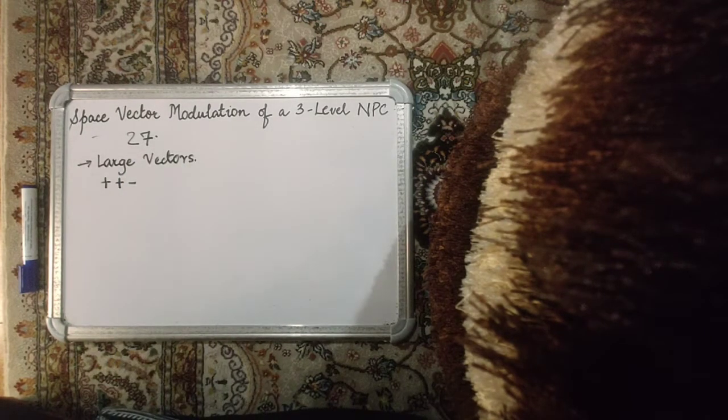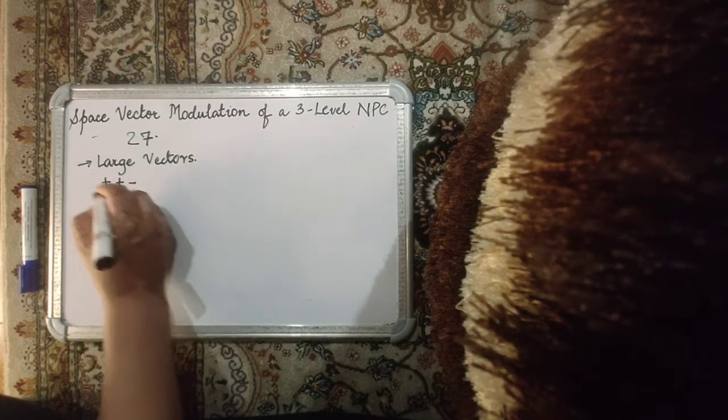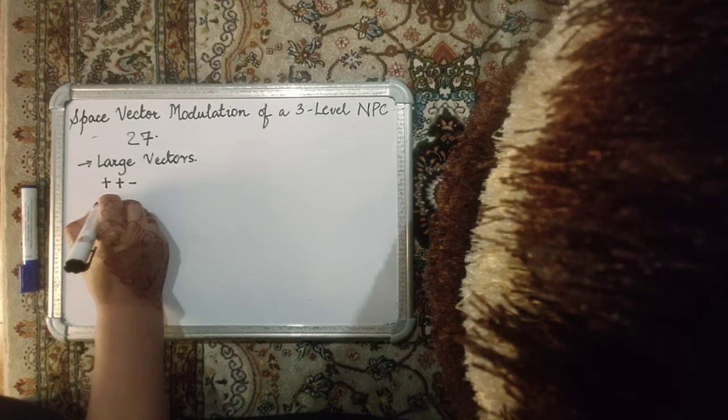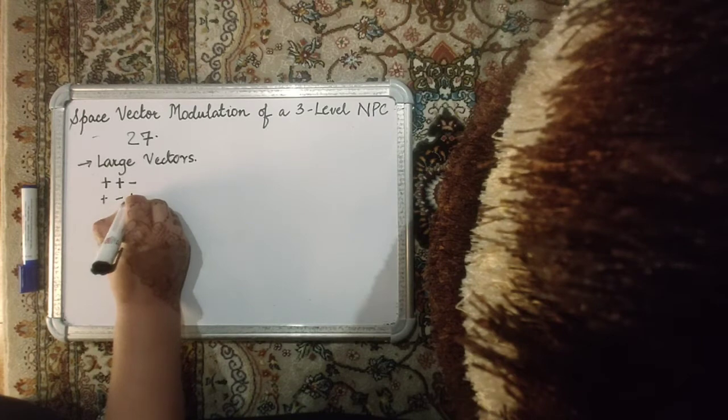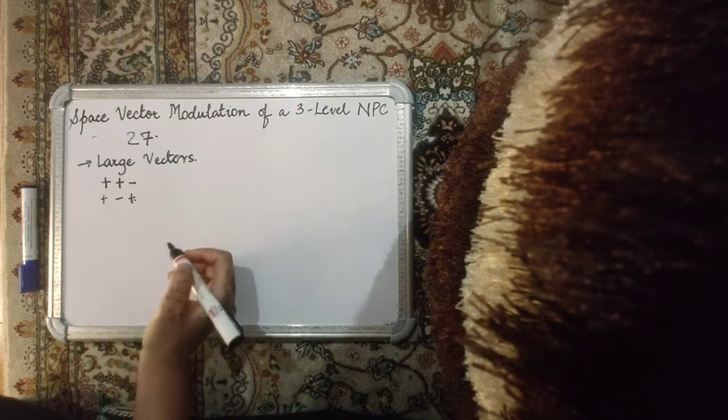I'm talking about the pole voltage. Similarly, another large vector is something like plus, minus, and plus. That means large vectors are those vectors in which none of the pole voltages is zero in any of the phases. So we can make all the possible combinations.